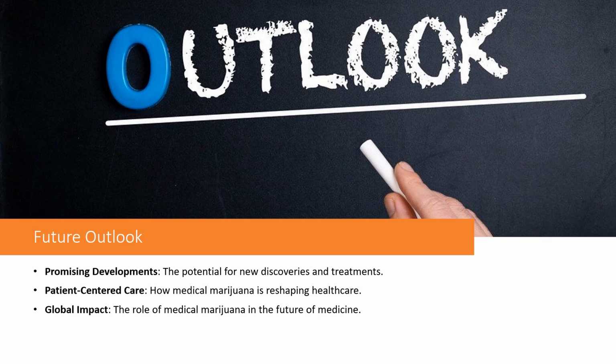The potential for new discoveries and treatments in the realm of cannabis is the driving force behind its rapid integration into healthcare. With ongoing research and clinical trials, there's a growing excitement surrounding the development of novel treatments and their applications.